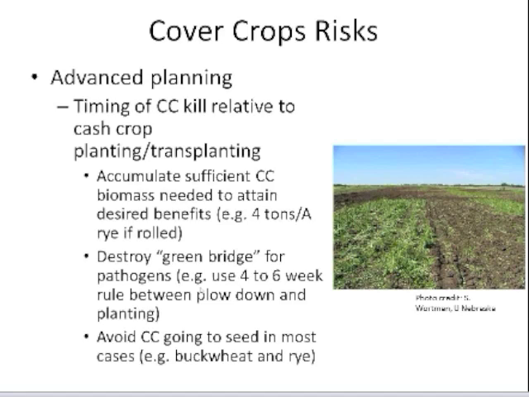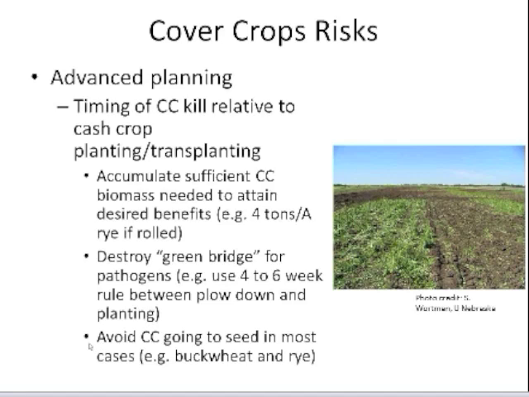So what you need is 4 to 6 weeks between plow down and planting. And this is a rule of thumb that we use here in the north central states, again, where moisture and temperature regimes differ. This time can be shortened or lengthened, where the general rule is the more water and the higher temperature you have, the faster the decomposition rate will be.